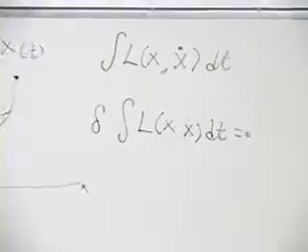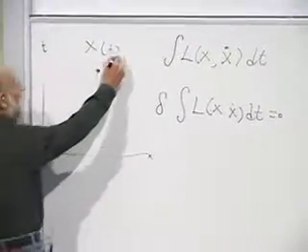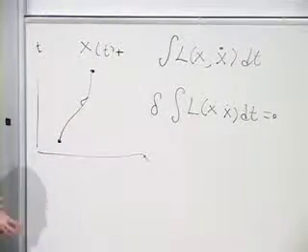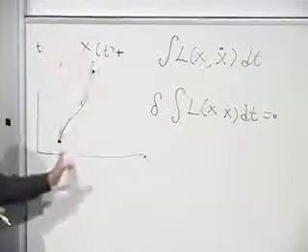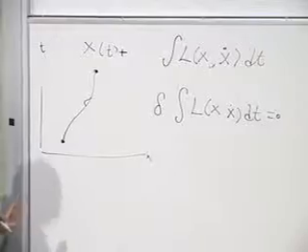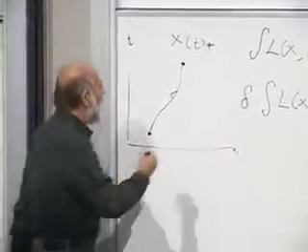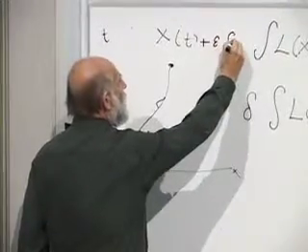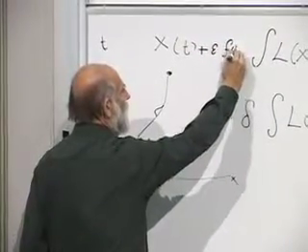Now, what does changing the trajectory a little bit mean? It means we add to x of t a small change. x of t was supposed to be the original solution. Let's add something small, let's call it epsilon, times an arbitrary function of t.